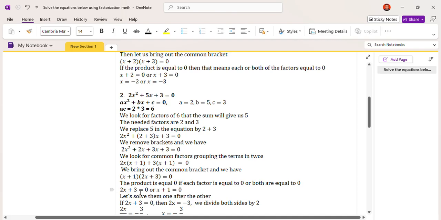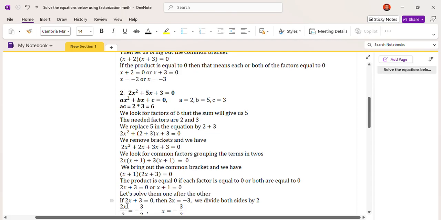So 2x plus 3 equals 0, or x plus 1 equals 0. Let's solve them one after the other. If 2x plus 3 equals 0, we collect like terms: the terms with x on the left hand side, and the one without x goes to the right hand side.